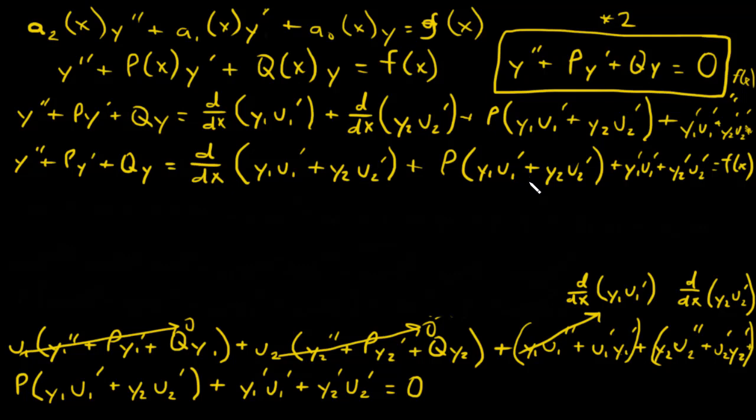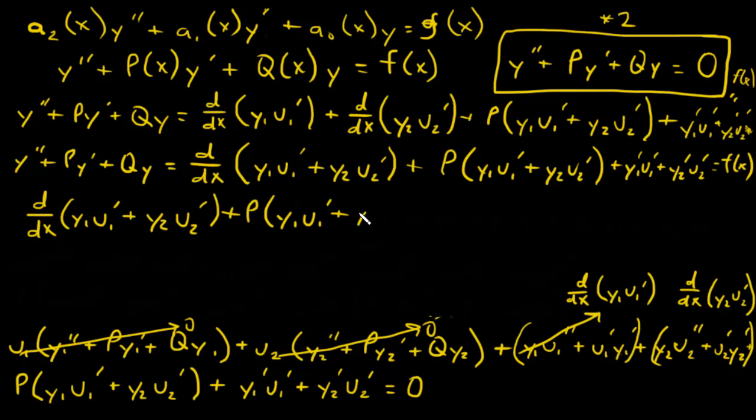I am going to invoke star 1 now and say that this and this, the derivative of this plus p times this, is equal to 0. Okay? So d dx of y1 u1 prime plus y2 u2 prime plus p times y1 u1 prime plus y2 u2 prime equals 0.